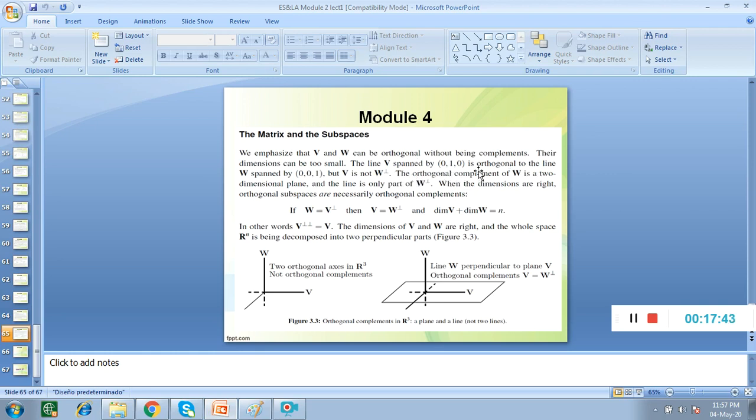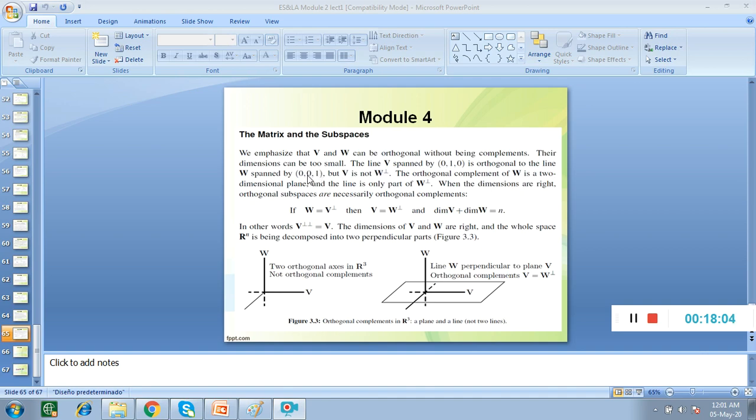Here the orthogonal complement of W is a two-dimensional plane. The orthogonal complement means when we take the complement of this W, it is 1, 1, 0.